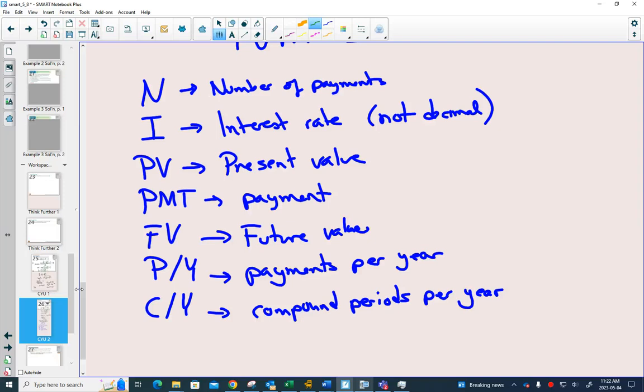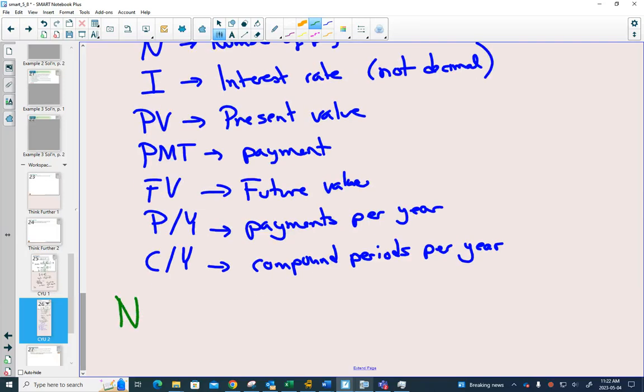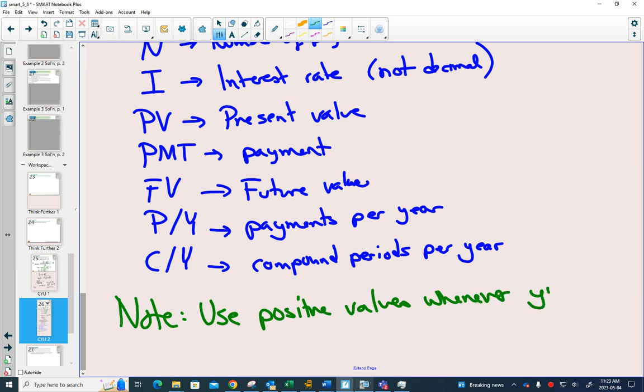It's a little finicky with positive and negative values, so we make a little note. We're going to use positive values whenever you receive money, slash, sometimes you receive something that's not money.